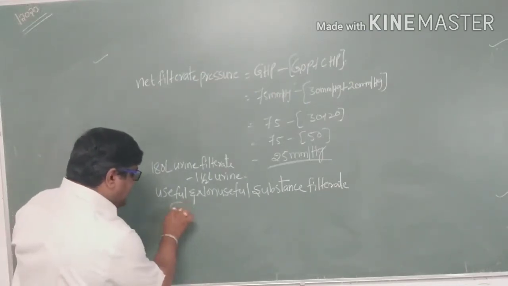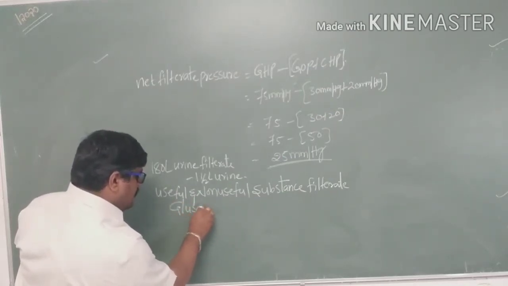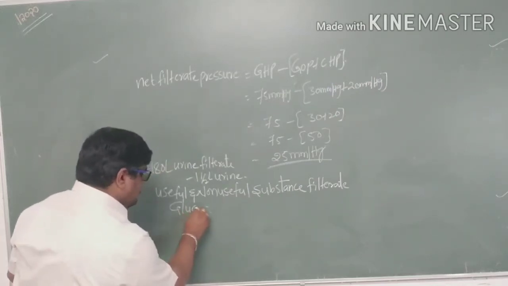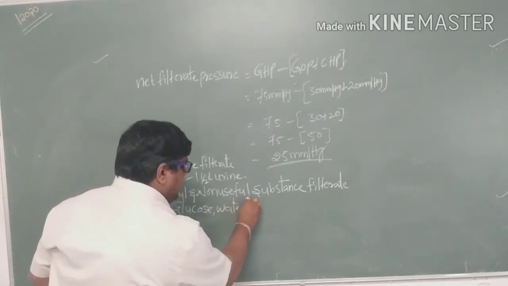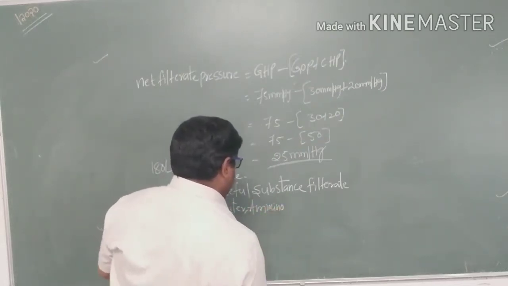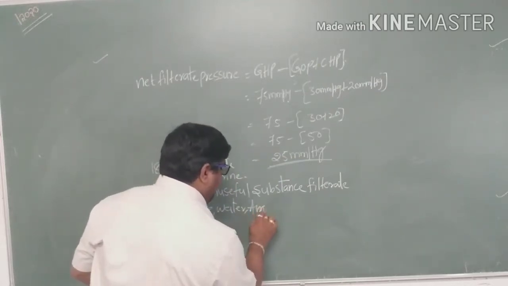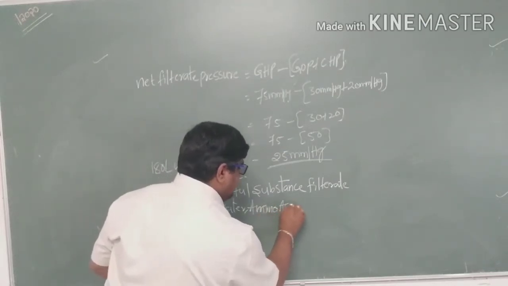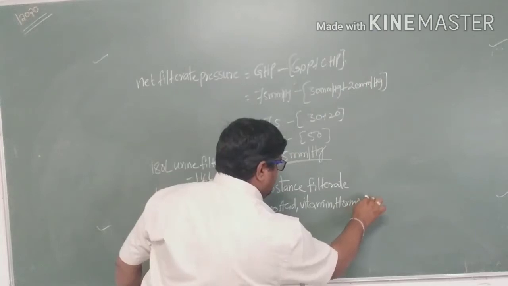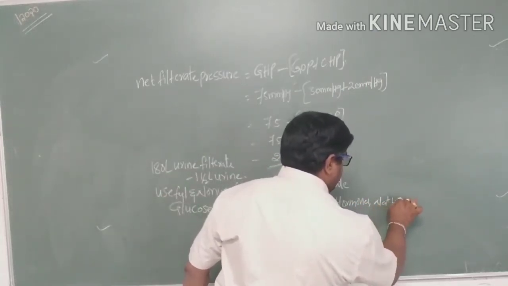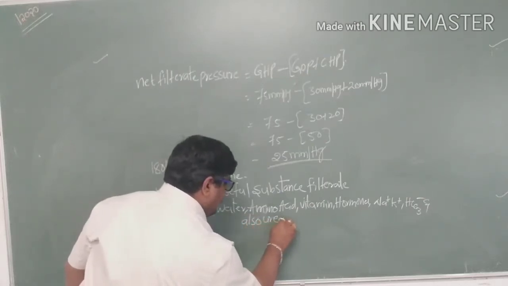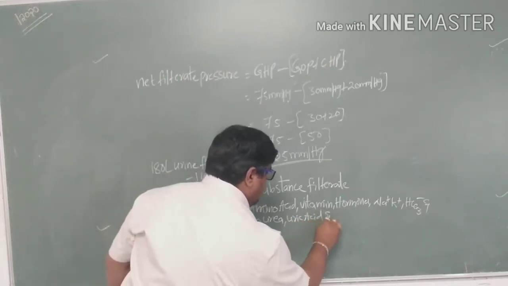That means useful substances are like glucose, water, amino acids, vitamins, hormones, sodium, potassium, and bicarbonate ions, and the non-useful ones are urea, uric acid, and ammonia.